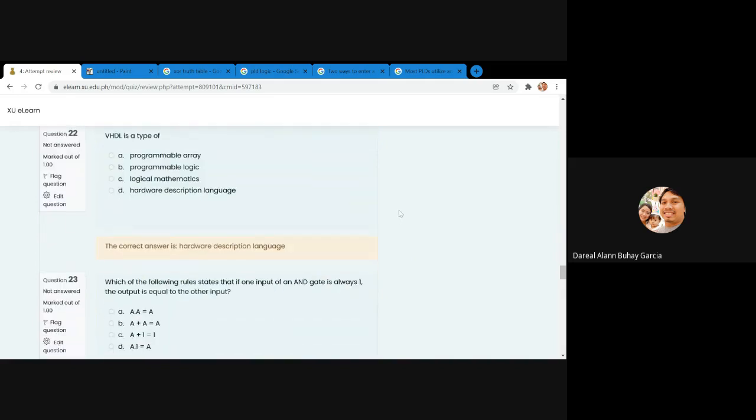Which of the following rules state that if one input of an AND gate is always 1, the output is equal to the other input?